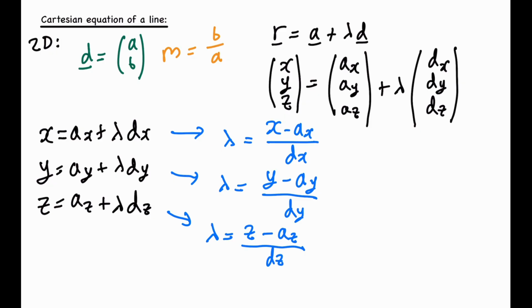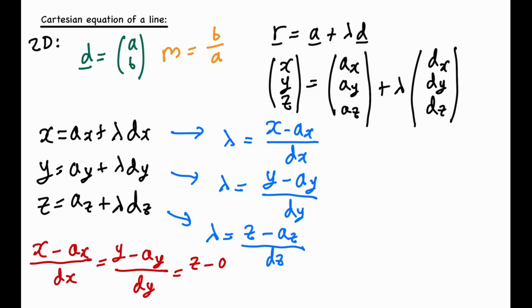And now if you equate all the lambdas, you can get the Cartesian equation of the line. So you make (x minus ax) over dx is equal to (y minus ay) over dy, which is equal to (z minus az) over dz. And this is the Cartesian equation of the line.